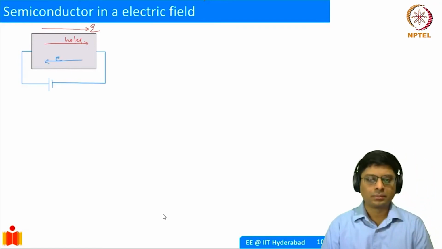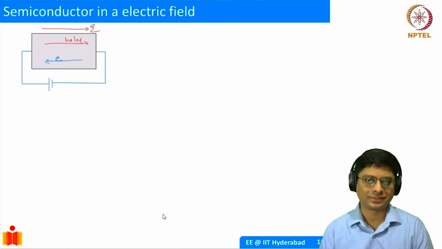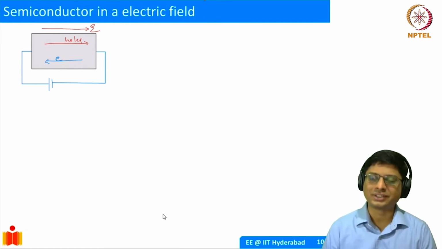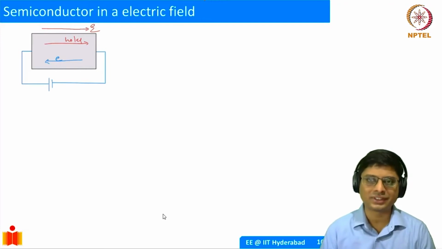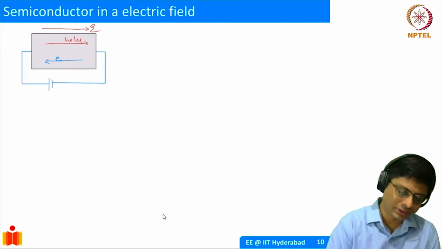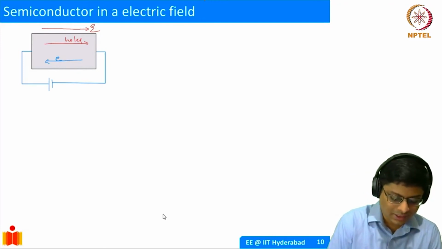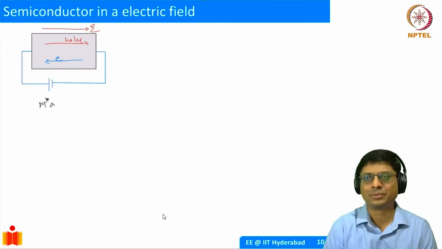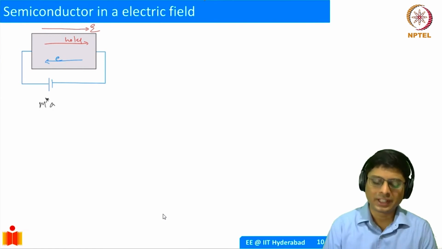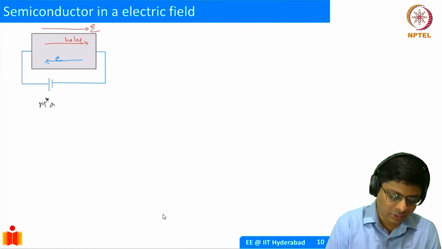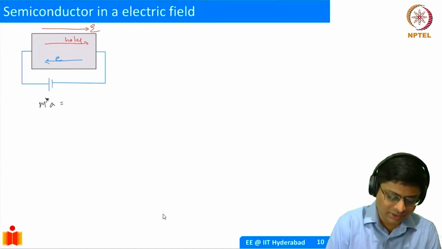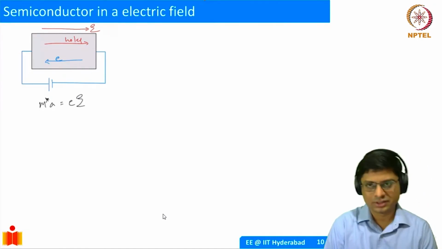Okay. But what is the acceleration? We talked about the velocity. What is the acceleration? Are they going to accelerate? Well, of course they're going to accelerate, right? Because we know from Newton's law that m a, or you will take m star because it's the effective mass we have to take, not the real mass. Effective mass m times a is going to be the applied external force. And that is simply going to be the electric field times the charge.